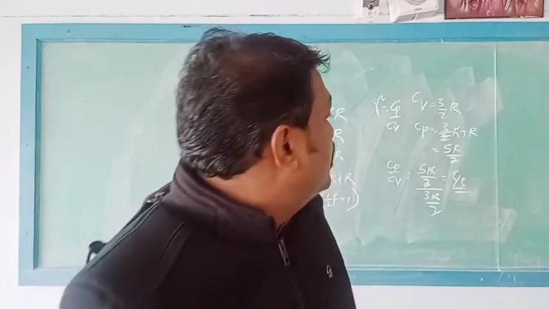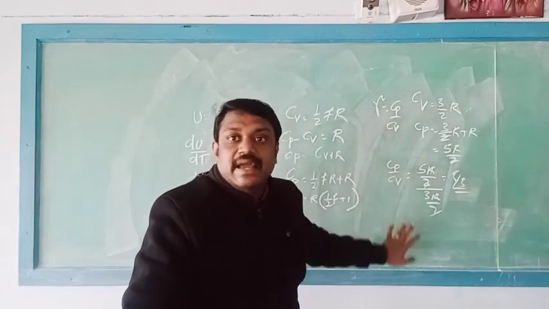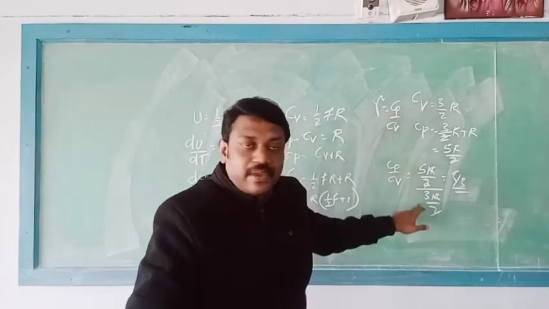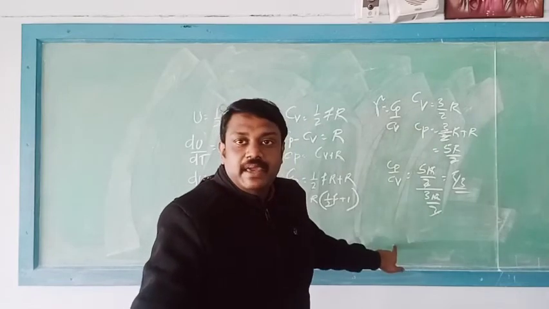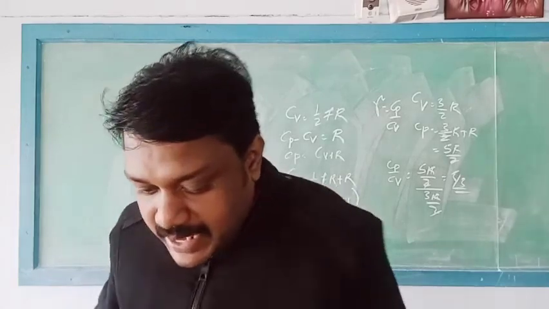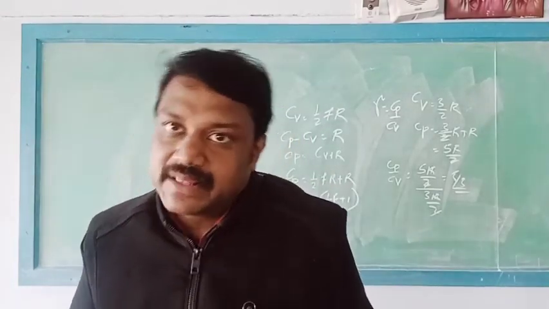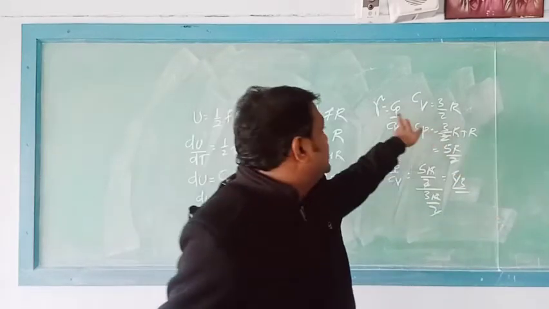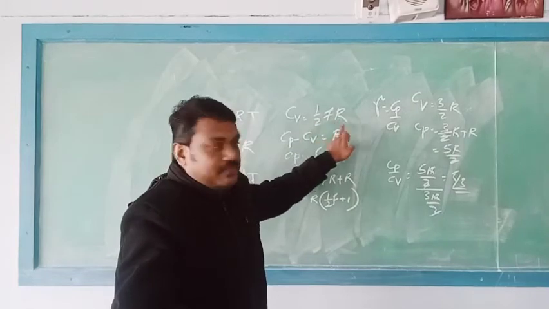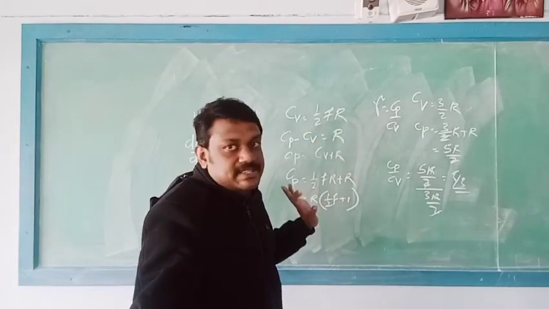And you can find out the gamma for diatomic gas and triatomic gas. For a diatomic gas, F is equal to 5 and for a triatomic gas it will be 6. So for a diatomic gas it will be 7 by 5 and for a triatomic gas it will be 4 by 3. You can easily calculate that using Cp by Cv, where Cv is 1 by 2 FR and Cp is R into (F by 2 plus 1).